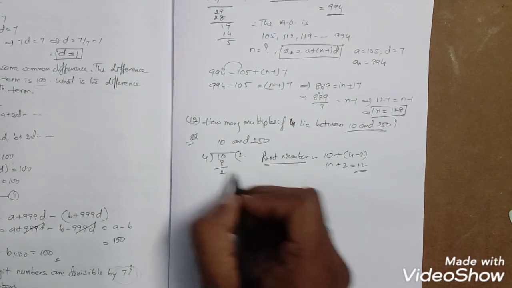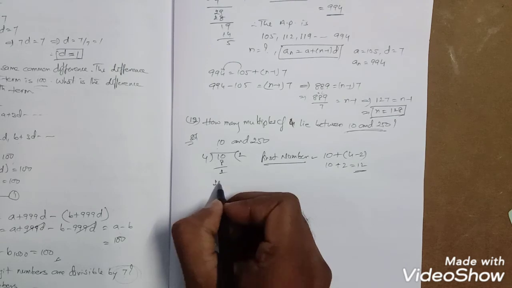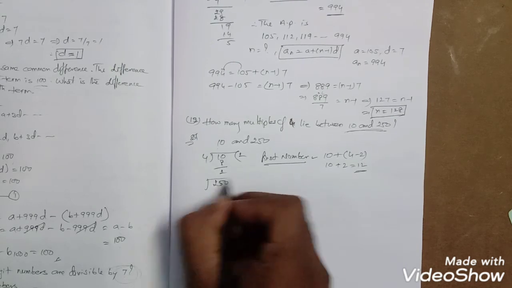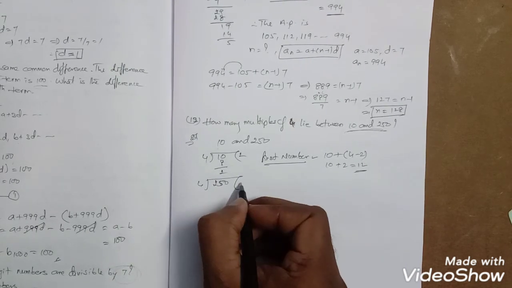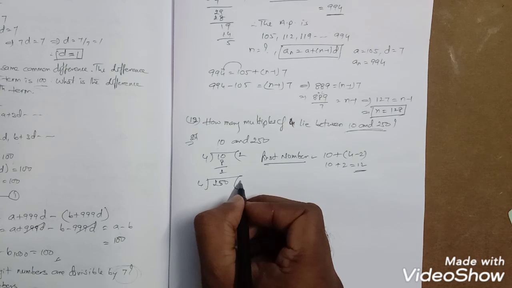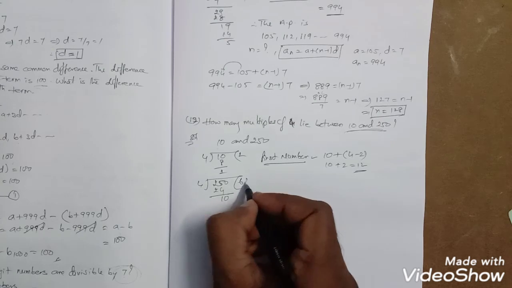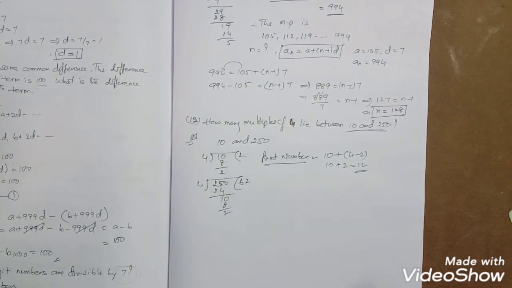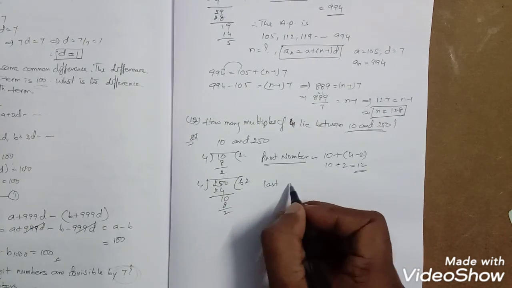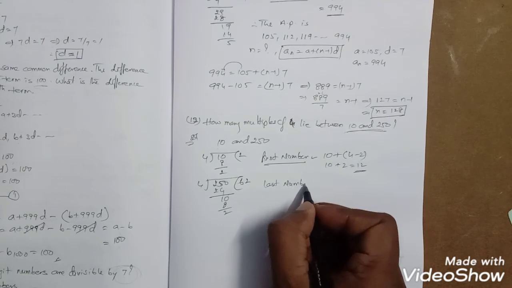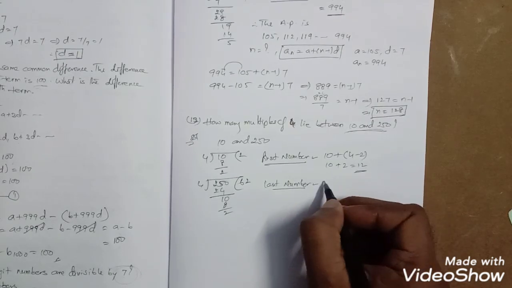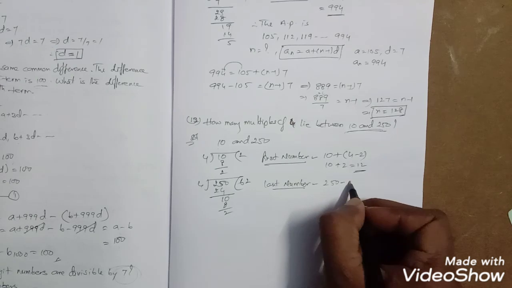Next you have to find the last number. The last number is nothing but 250. Now divide this by 4. So 4 6s are 24, balance is 10. Now 4 2s are 8, balance is 2. So the last number is given as 250 minus the remainder.